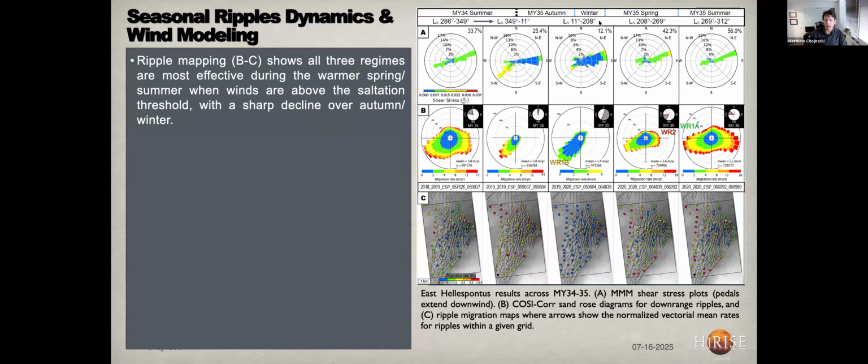You're going from left to right and forward in time, and we go through Mars year 34 summer all the way through to Mars year 35 summer over a year, and we saw that all three wind regimes are most effective at moving ripples in the summer and spring, the warmer seasons, and then there's a sharp decline.